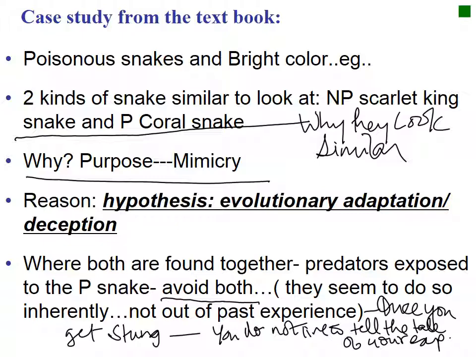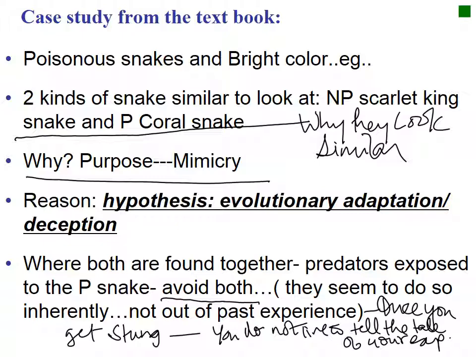Okay, so you sort of observed why they look similar, and you made a hypothesis. It is mimicry, and there is evolutionary adaptation. They are adapted towards deceiving the predator which comes and preys on them.